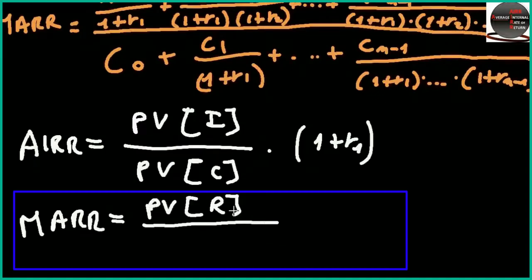We use the letter R to denote the market return. We divide this by the present value of capital and multiply by 1 plus R of 1.